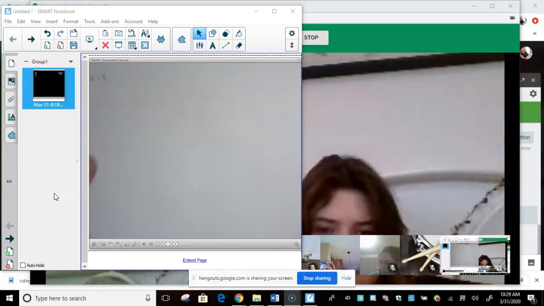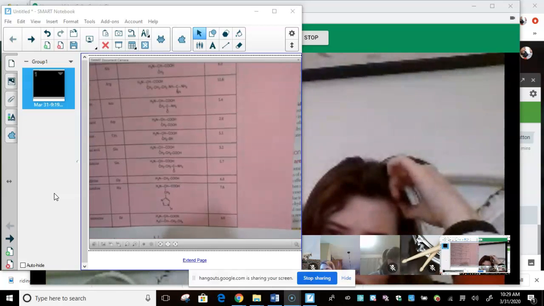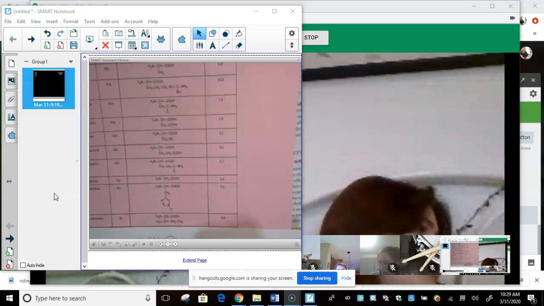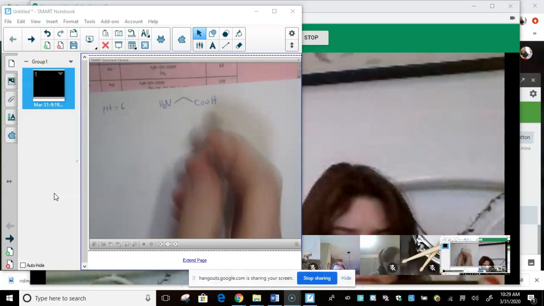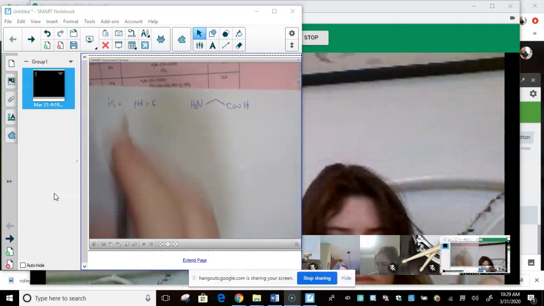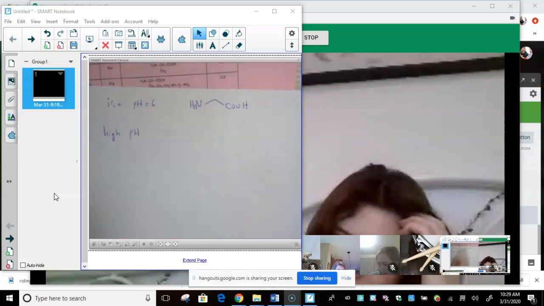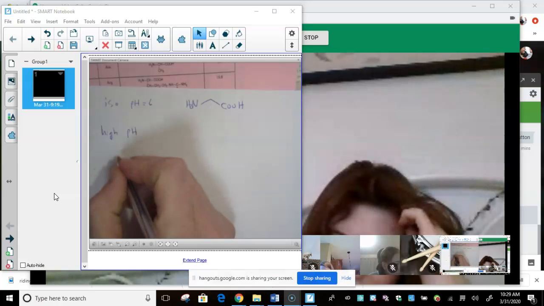So let me just write a quick sketch of it. This is not isoleucine, it's just a generic amino acid. I got an amine, I got a carboxylic acid. And let's do high pH, and high pH would be, let's just say, above 6.